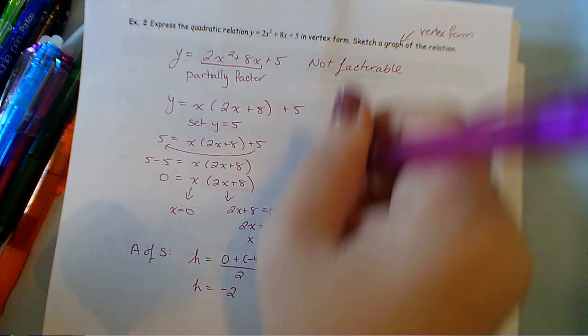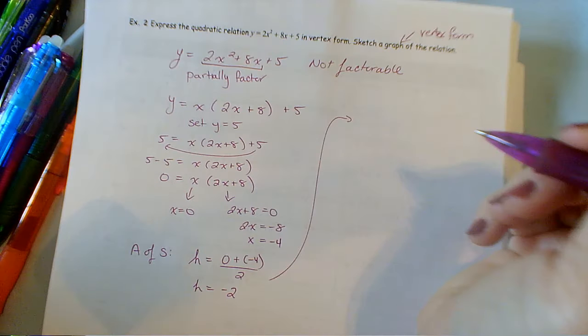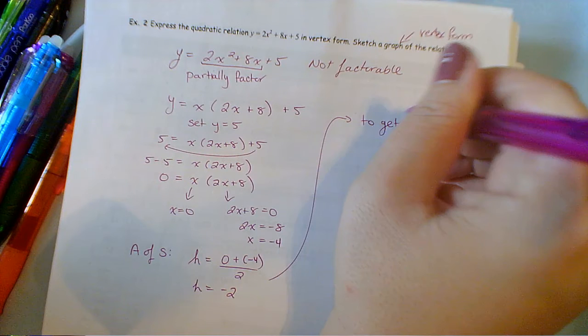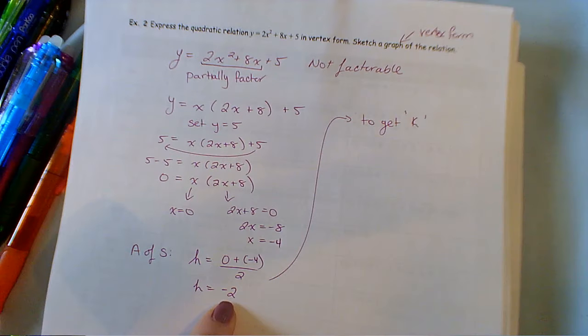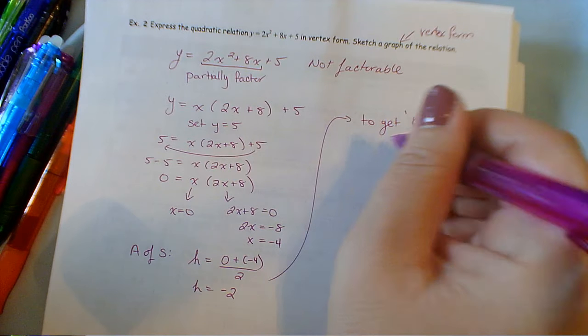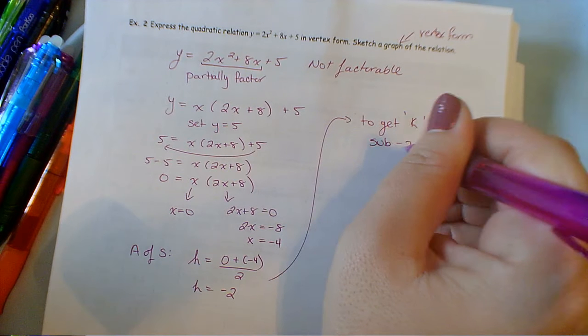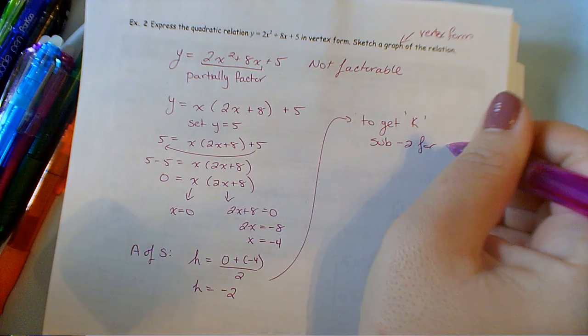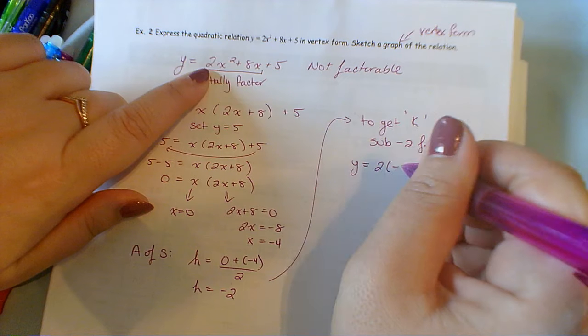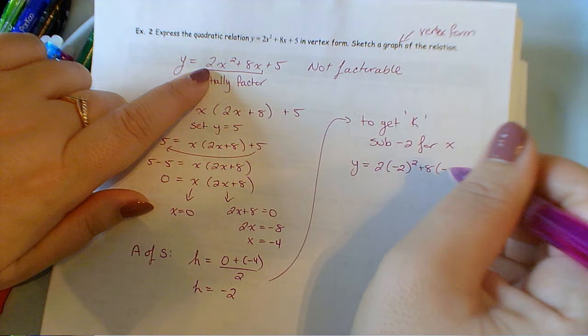And then I'll continue over here to get k, because now we have half of our vertex: negative 2, comma something. So to get k, we've got to sub in. Now again, I'm just going to go back to the original, 2 bracket negative 2 all squared plus 8 bracket negative 2 plus 5.